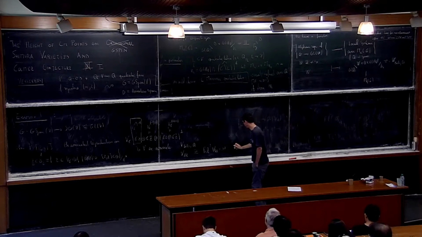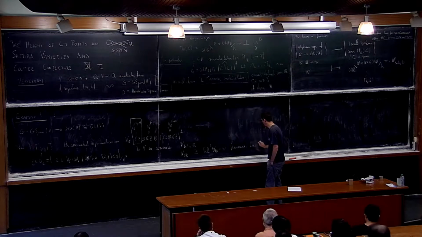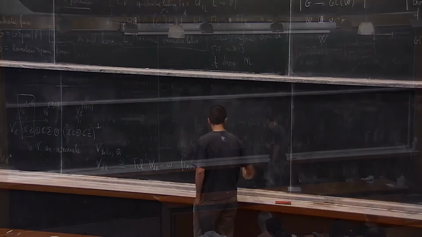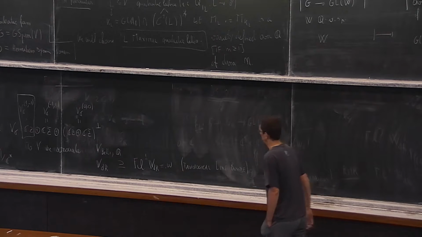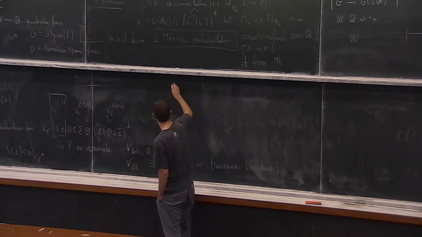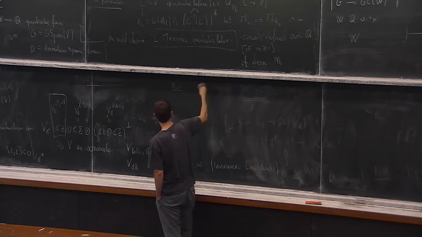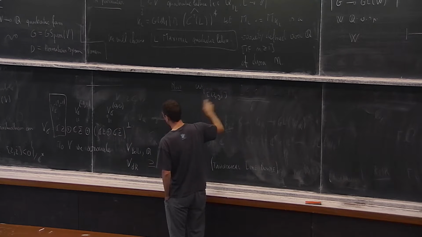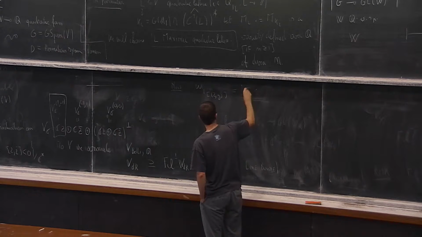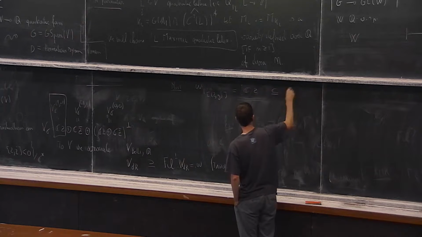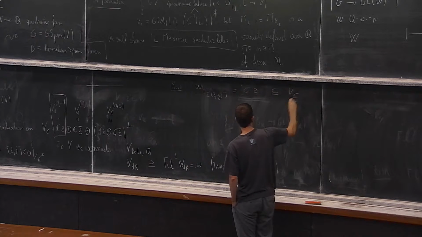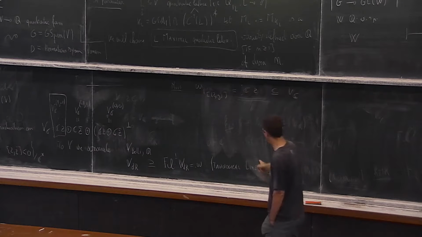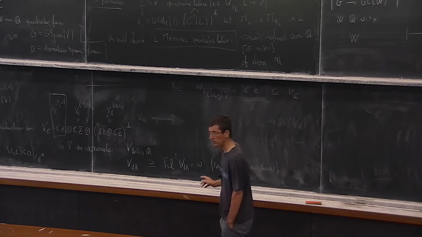It's called a tautological bundle. In particular, my omega on a pair (z, g) is what I wrote there, C of g, z in C z inside V_C. And in particular, my tautological line bundle inherits a natural metric.